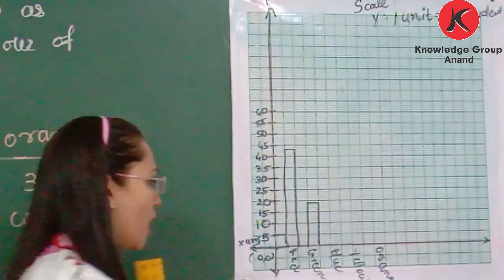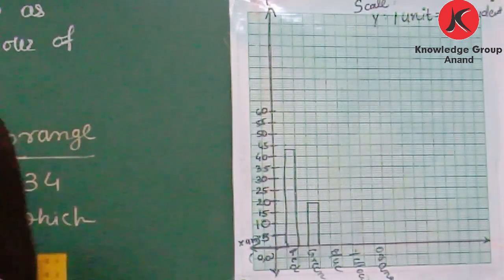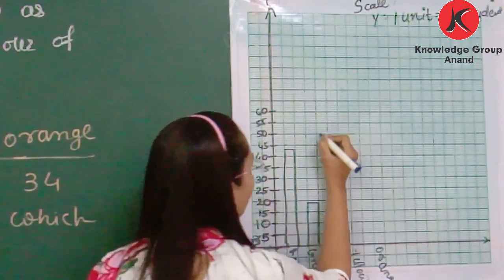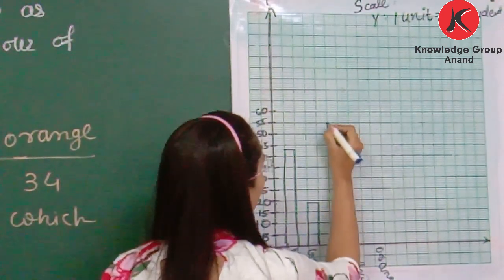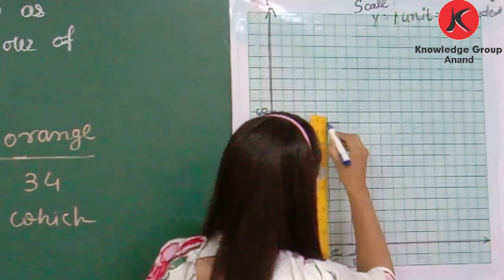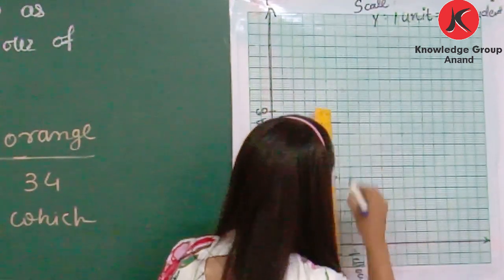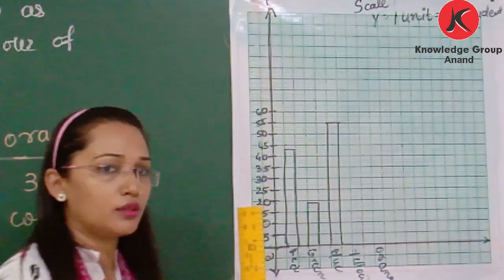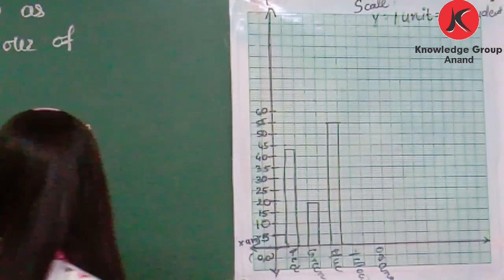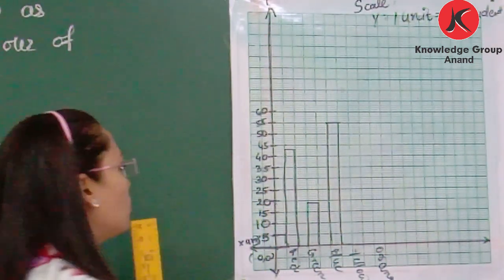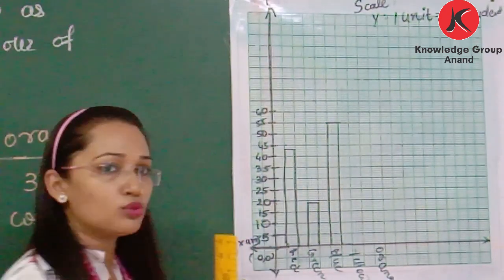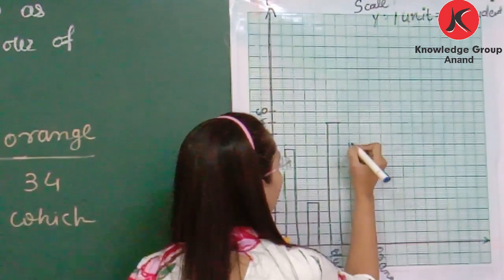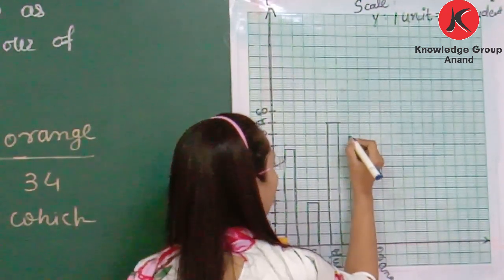Clear? Now blue color is liked by 55 students. So 55 is here. Draw a horizontal line for 55. Now draw a bar for blue color. So this is our bar for blue color. Now yellow color is liked by 49 students. So after 45 you need to take 4 lines: 46, 47, 48, 49.